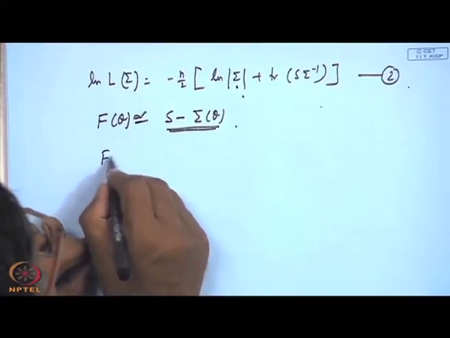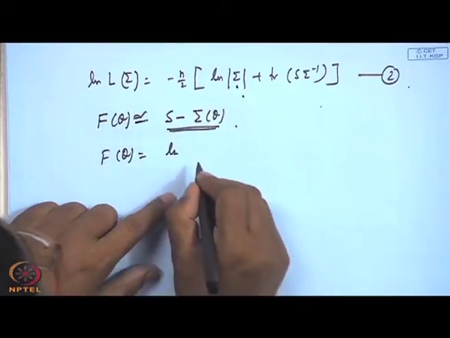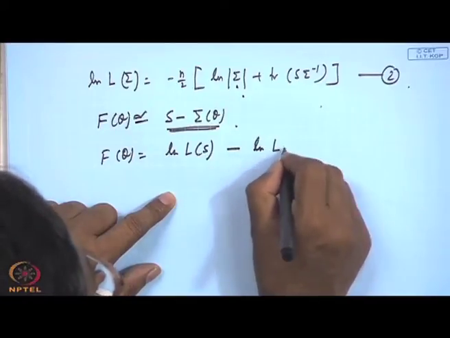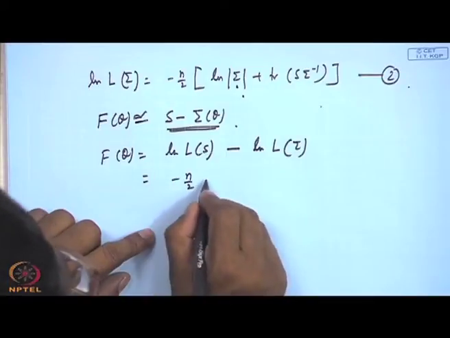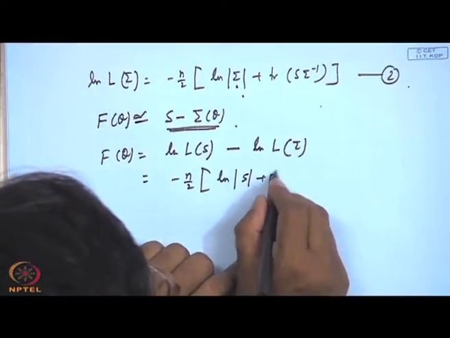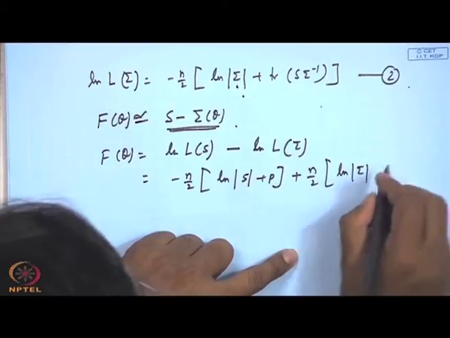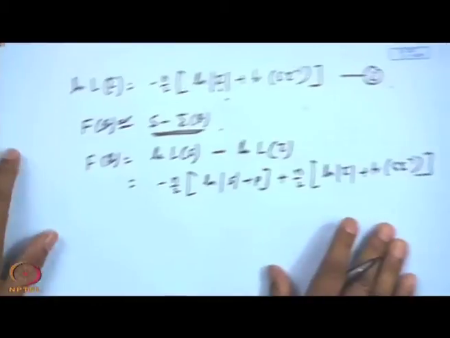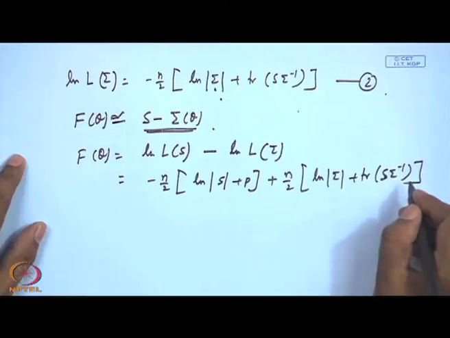Then we can write f theta equal to log of L of S minus log of L of sigma, which if you write is minus n by 2 log of determinant of S plus p plus n by 2 log of determinant of sigma plus trace of S sigma inverse.